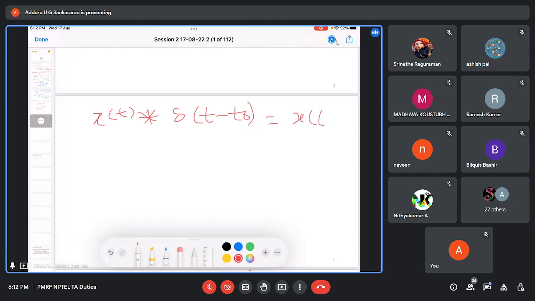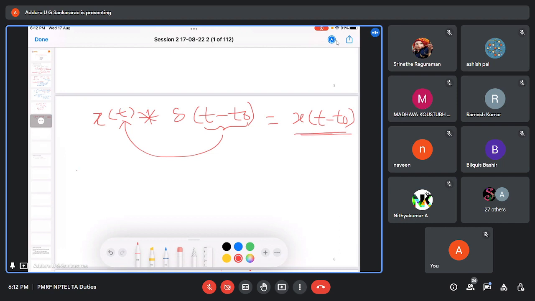Whatever we have solved, that only. This is the very standard property, called the convolution property of the impulse. With this, we can directly solve this.